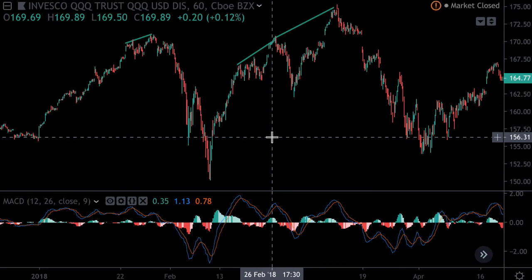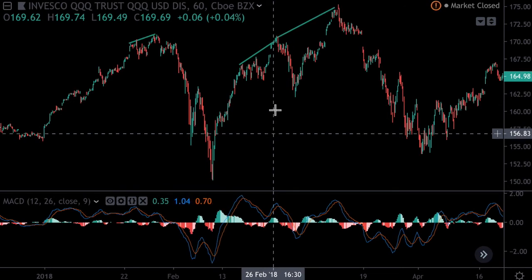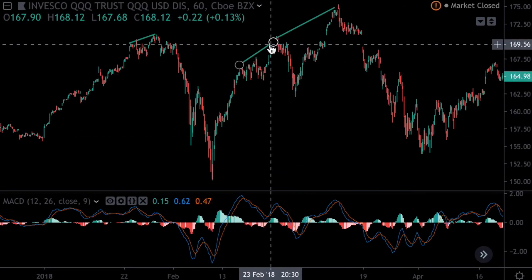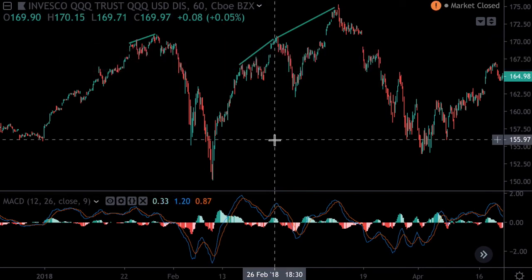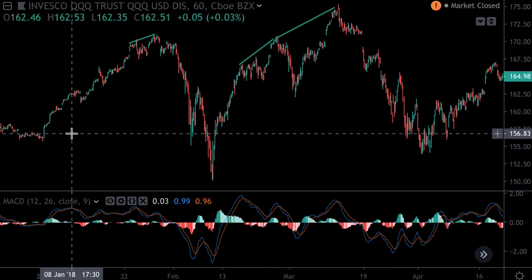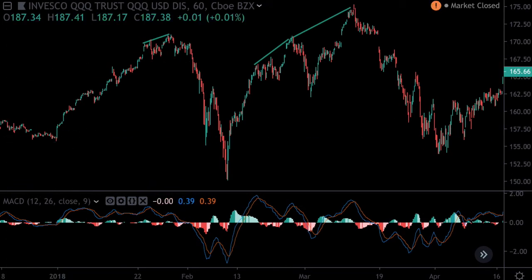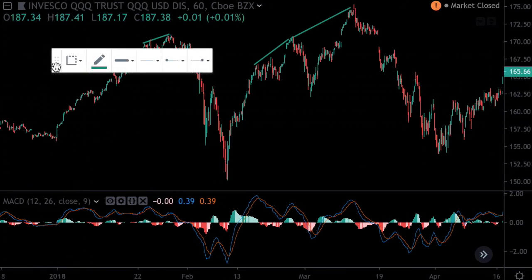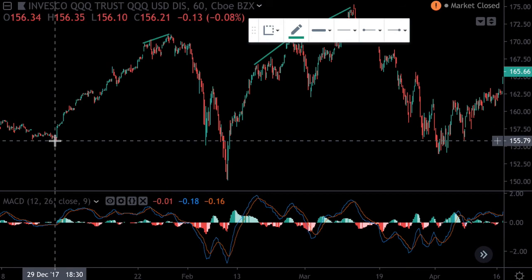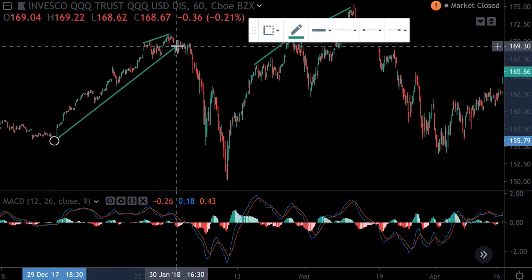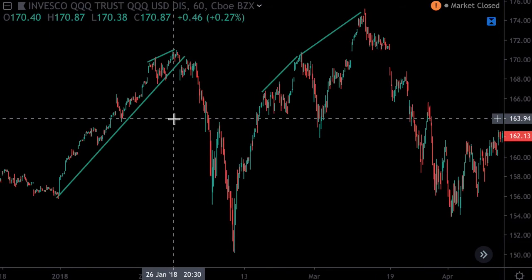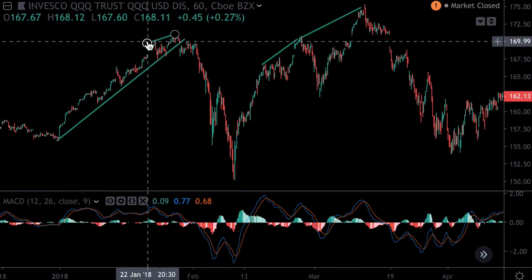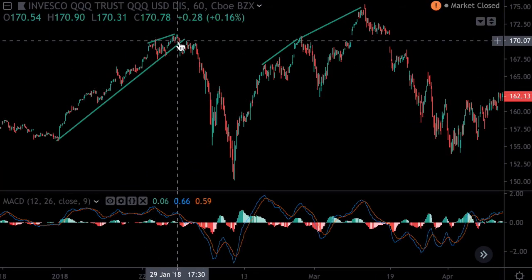Now, one last tip I'm going to give you guys to trade with the MACD is that it can obviously be used with simple strategies or simple indications like trend lines or break of trend lines. You can see here we had a nice uptrend line on the hourly chart, and accompanied with divergence, it led to this break of trend line.